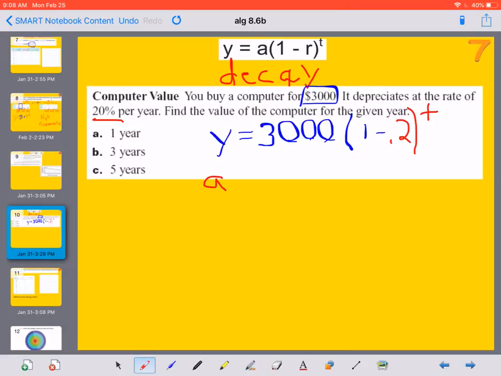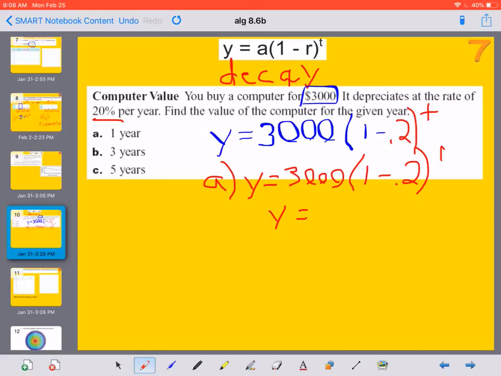A says we're looking for after 1 year. So we're going to have y equals 3,000 times 1 minus 0.2 to the power 1, because we're looking for it for 1 year.